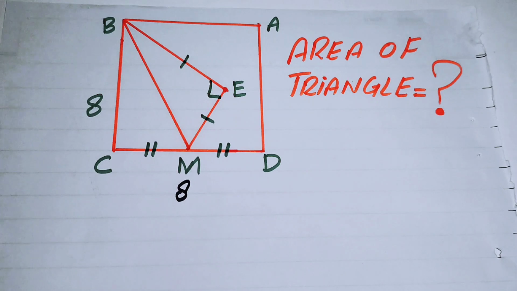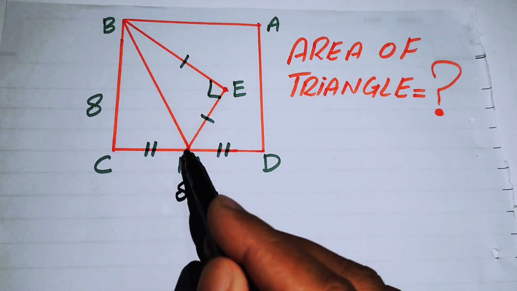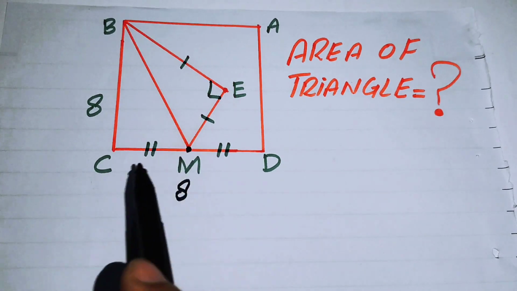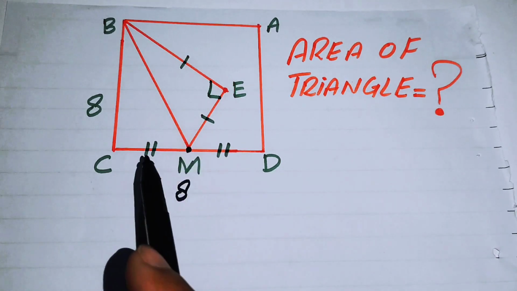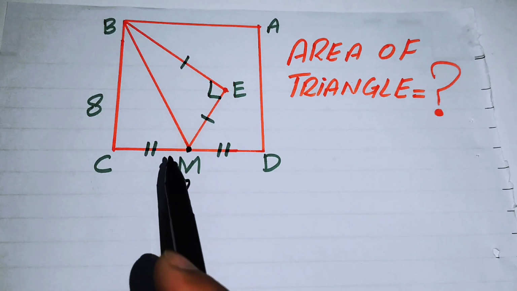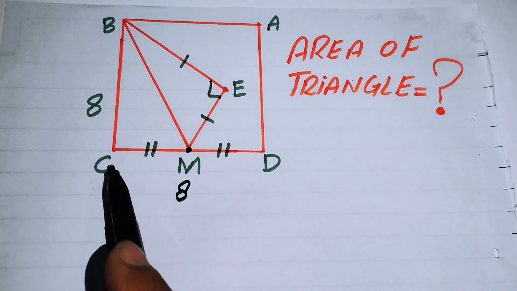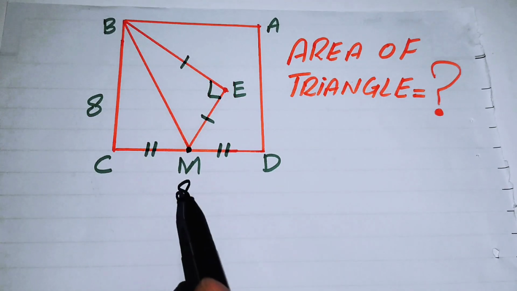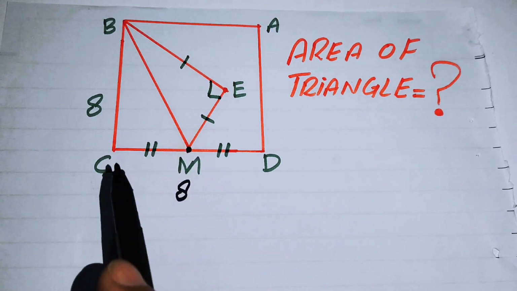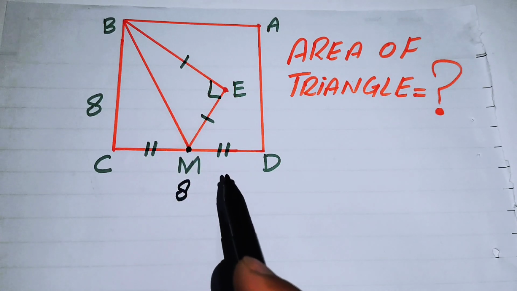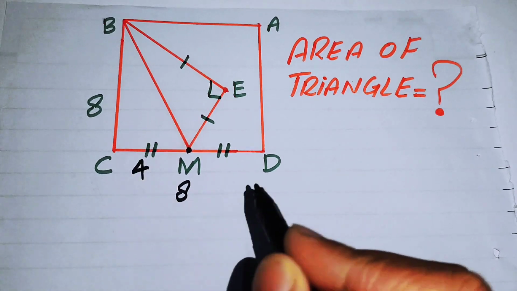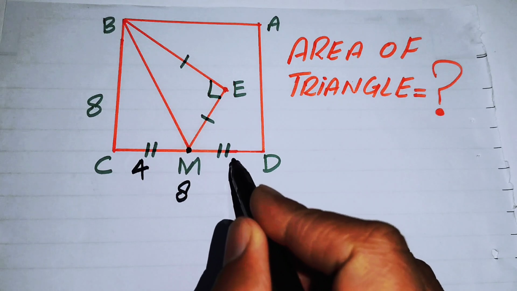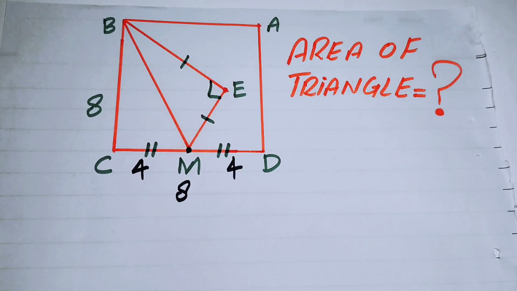So here you see that point M is the midpoint of CD, and these two parts are of equal length. So if the length of CD is 8 and M is the midpoint of CD, it means that the length of CM is 4, and similarly the length of MD is also 4.